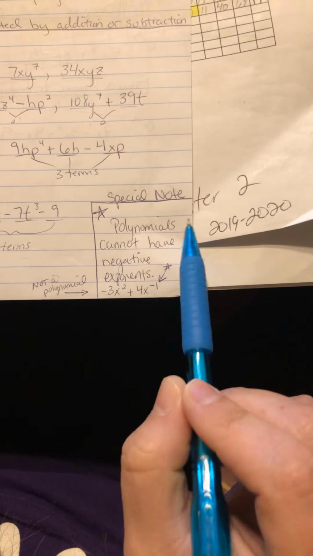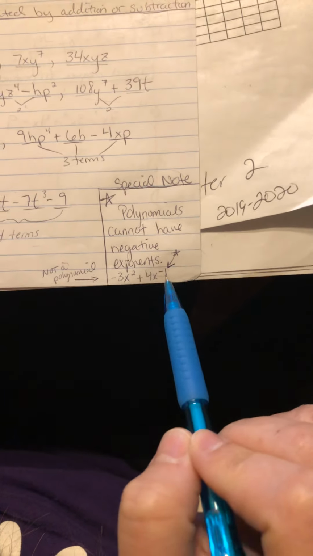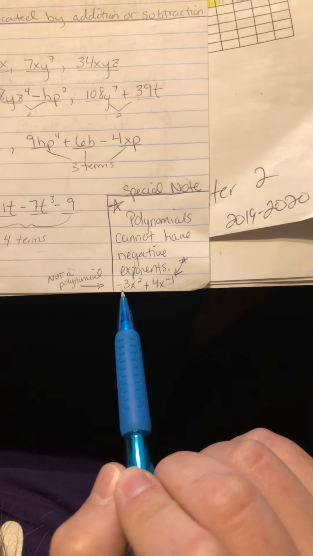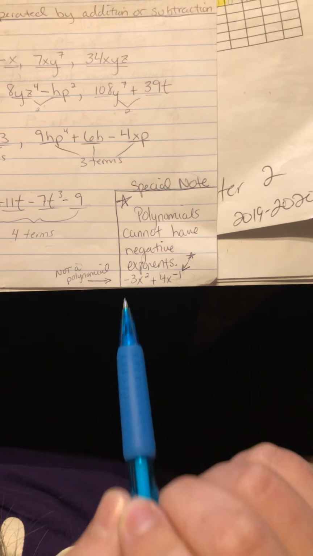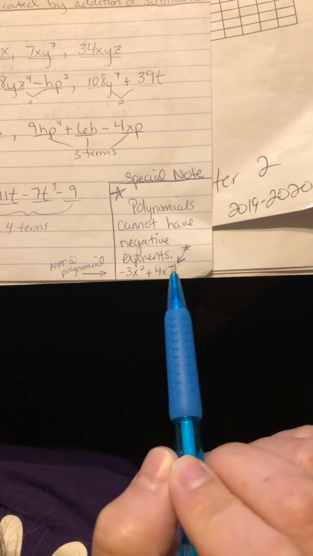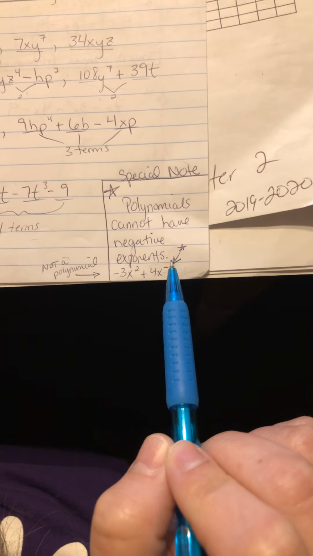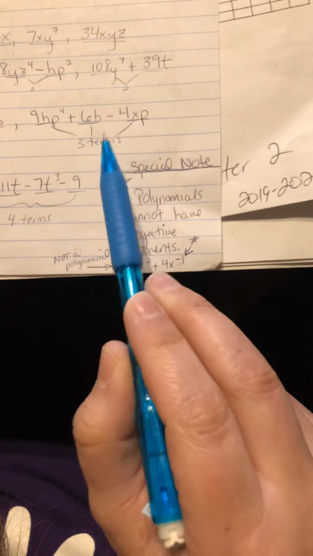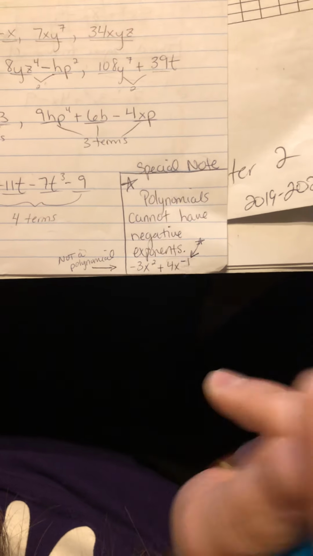If there is a negative exponent, it is not a polynomial. Hint, you can have a negative coefficient, not a negative exponent. If there's a negative exponent, it is not a polynomial. If there's just a negative coefficient, just like up here, it is a polynomial. So make sure you keep that in mind.